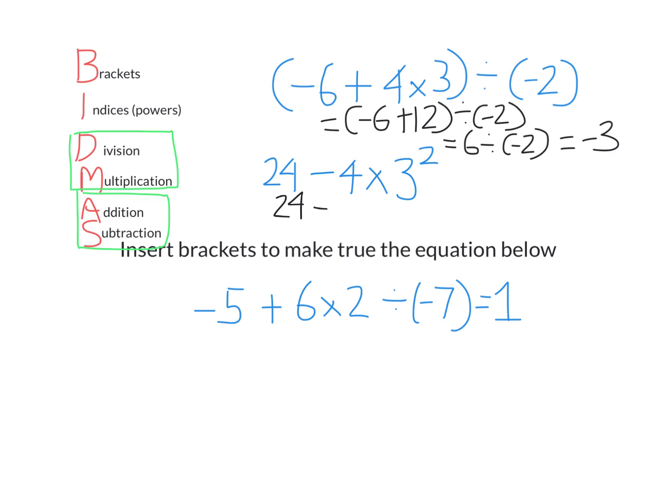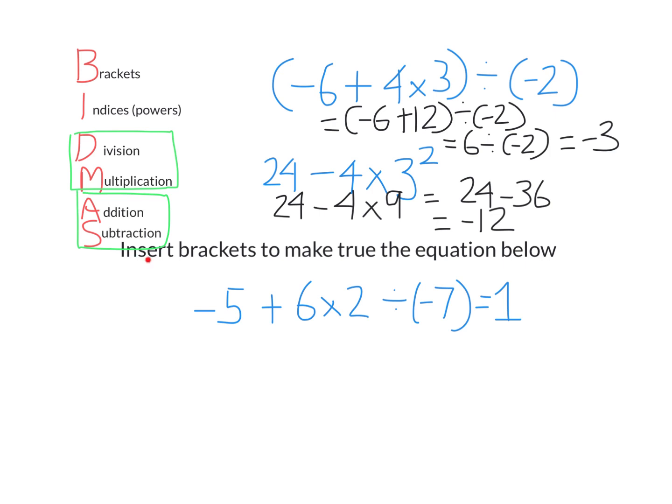I'm leaving the 24 and the 4 alone. I'm just changing 3 squared to 9. Now I have subtraction and multiplication. I must do the multiplication first because it's higher in order of operations. So I get 4 times 9 is 36. So I have 24 minus 36, and that gives me negative 12.